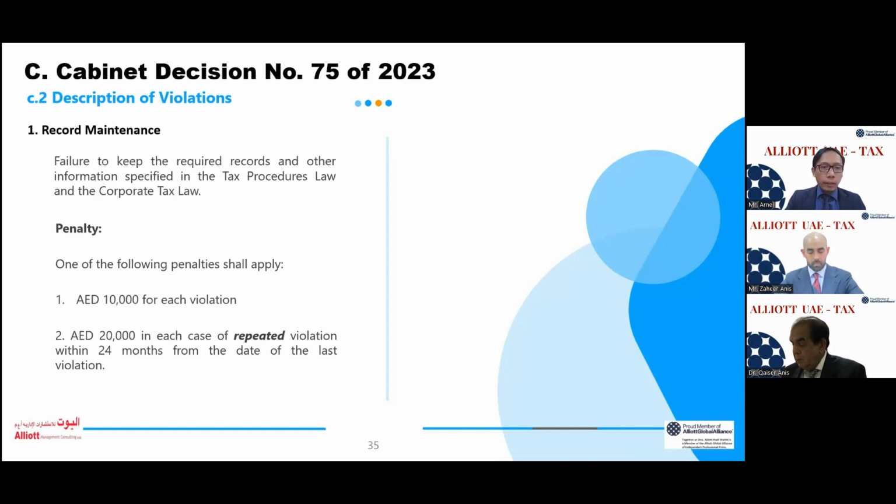In case of violation related to this, you're going to have a penalty of 10,000 dirhams for each violation, and then 20,000 dirhams for each repeated violation. It means that the first time you violate this, you're going to have 10,000, and if you keep repeating the same thing, it can increase to 20,000 within 24 months.